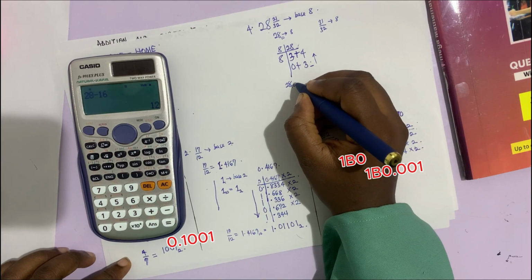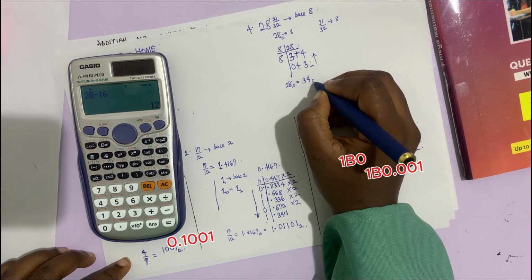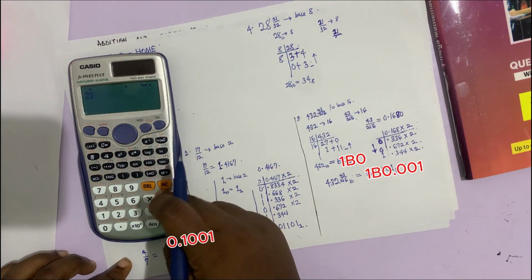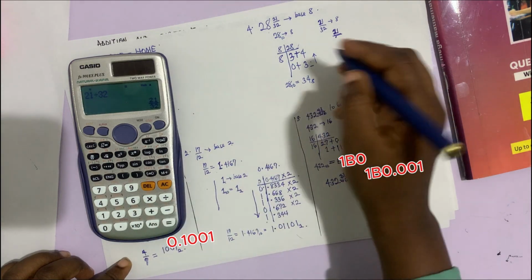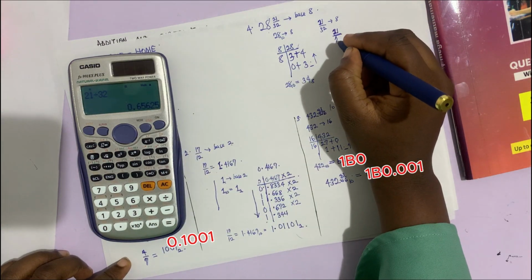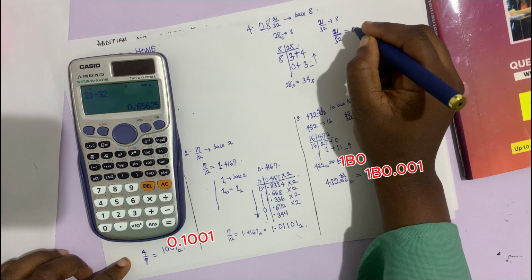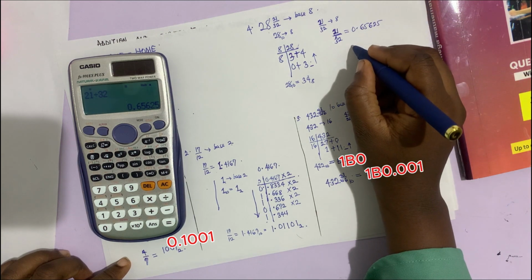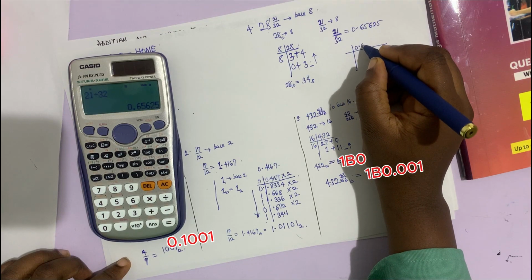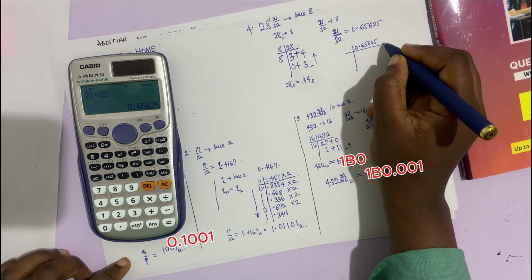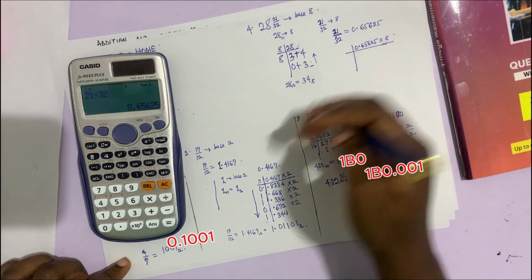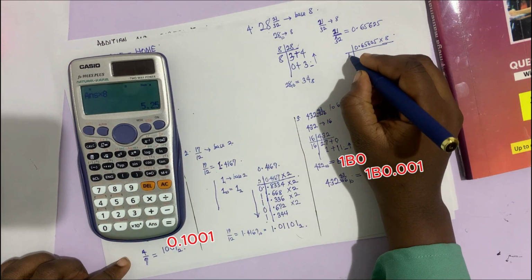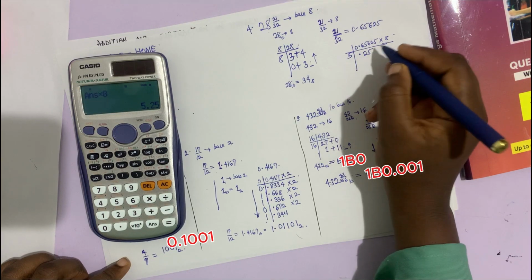So we have 28 base 10 as 34 base 8, and then the fraction part, 21 over 32 will give us 0.65625. So to convert this to base 8, we continuously multiply by base 8. So 0.65625 times 8 will give us 5.25.